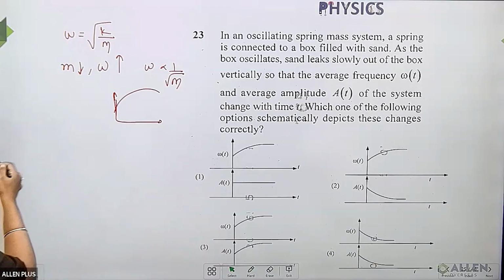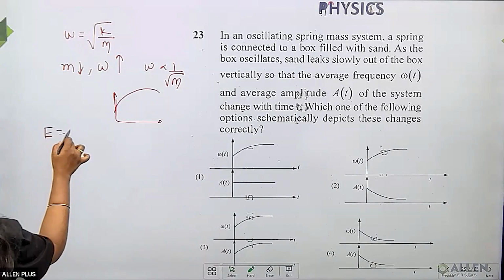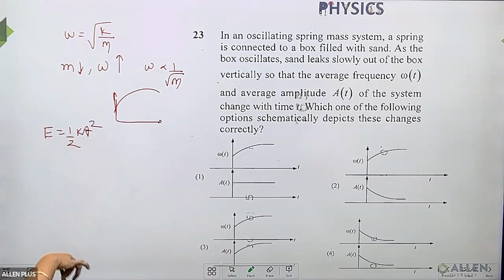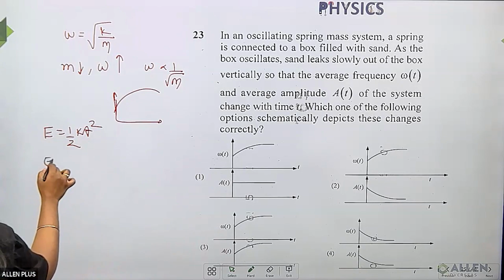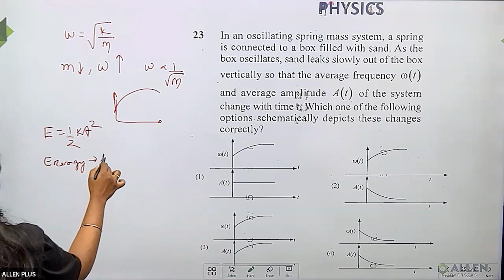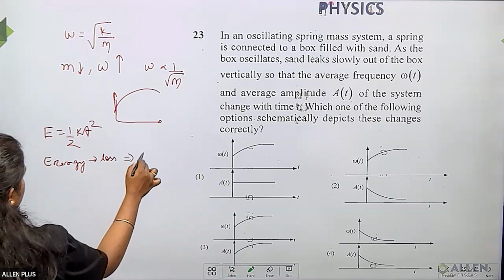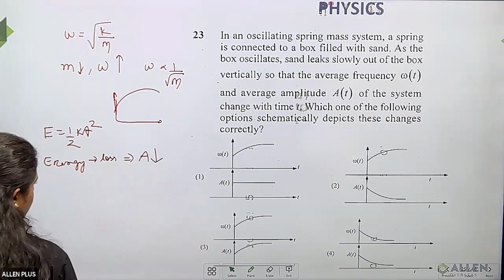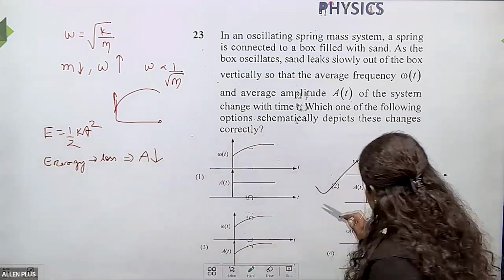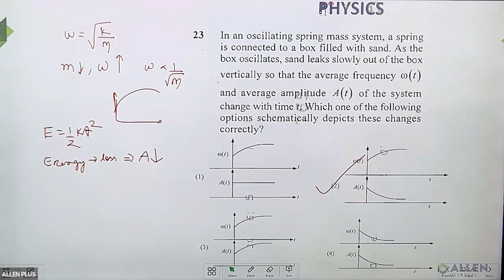Energy is equal to half k a square. Since the mass value is slowly decreasing, some amount of energy loss also occurs. When energy loss occurs, the amplitude also decreases. Energy loss indicates decrement in the amplitude. So these two details are perfectly satisfied by the graphs shown in option 2.